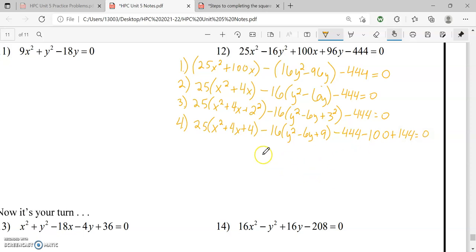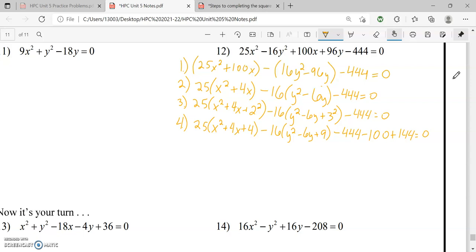See, be careful, because I'm subtracting the coefficient times the inside number. So in this case it worked out subtracting 100. Here I'm subtracting negative 16 times 9, so I'm subtracting negative 144, which is equivalent to adding 144. So I hope that makes sense and that we aren't too confused on that, but I'm going to keep going.